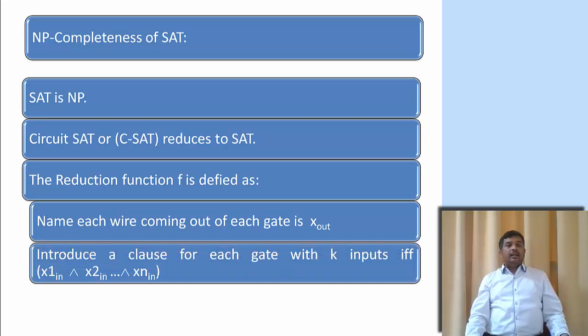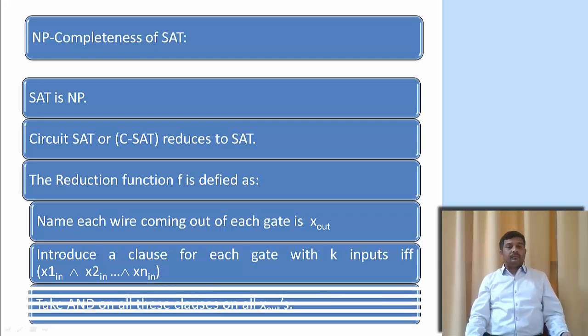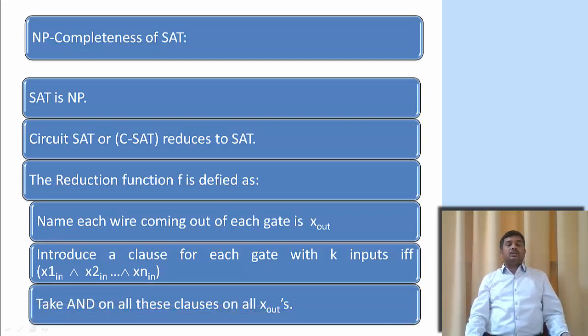Then I'll introduce a clause for each gate of K inputs: X out if and only if X1 input and X2 input and X3 input, because it is an AND operation, giving me 1 for all the inputs. Take the AND of all these clauses and of all the X outs. For all these variables, I'll again take an AND of their outputs.